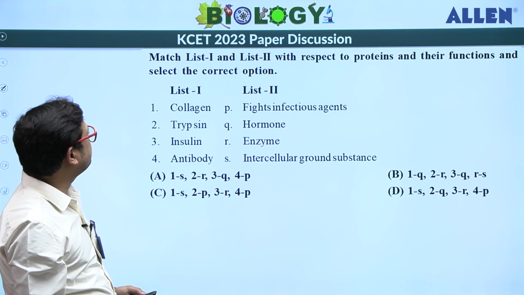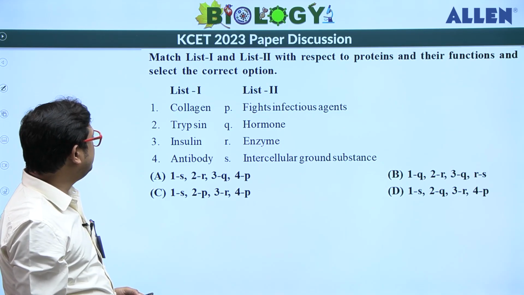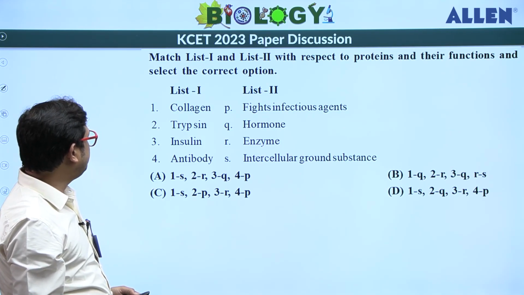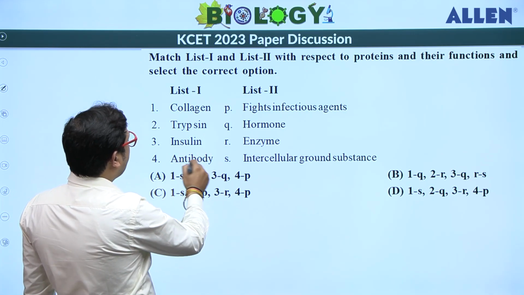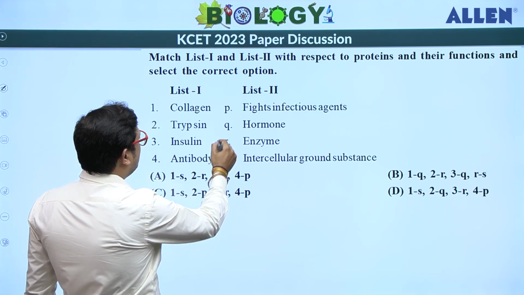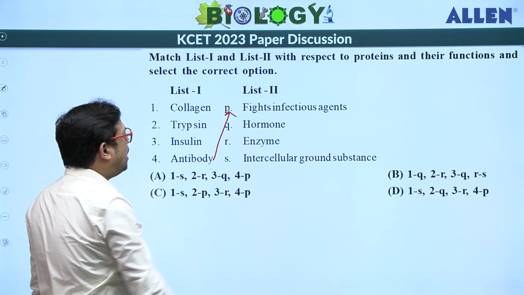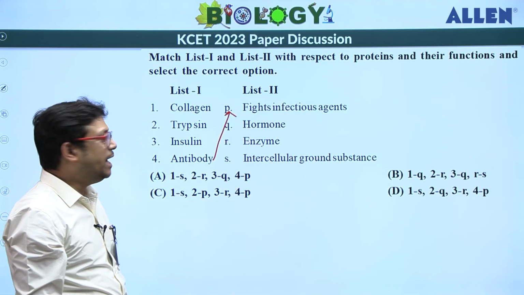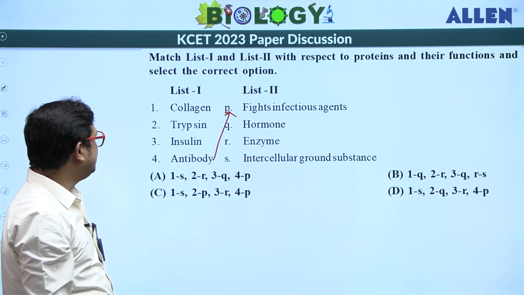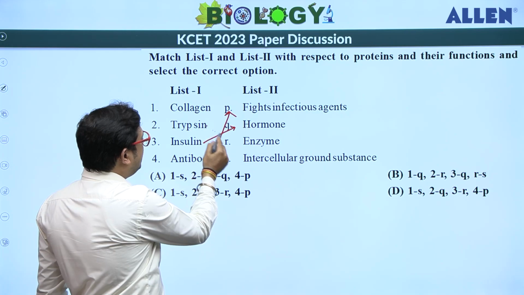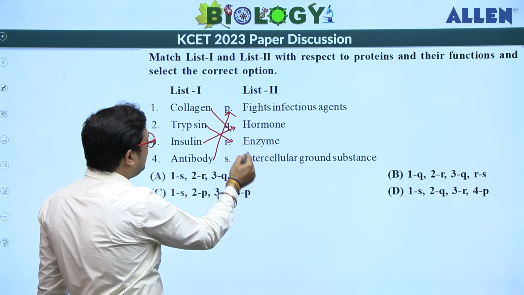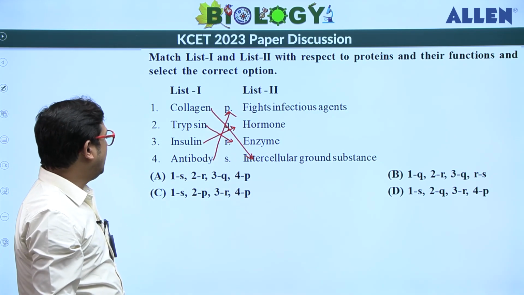Next, again match the columns. Collagen, trypsin, insulin, antibody. Here we can see antibodies are what? They are a part of our immune system that fights with the antigens, so they fight infectious agents. Insulin is a peptide hormone, trypsin is an enzyme, and collagen is the intercellular ground substance.